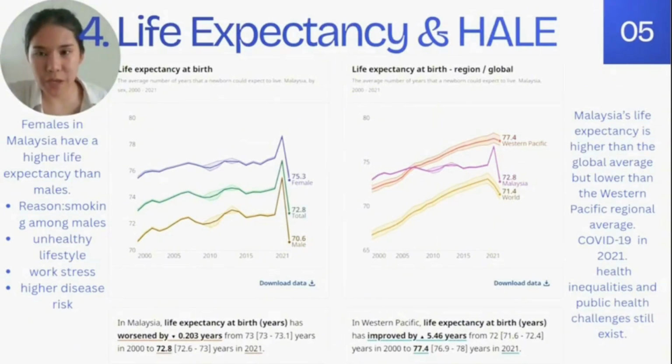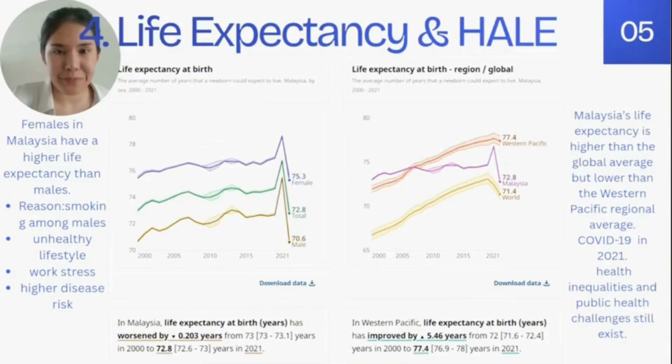Number 4 is about life expectancy versus HALE. We look at life expectancy at birth in the left diagram. It shows that females in Malaysia have a higher life expectancy than males. Why? Because smoking and work stress among males create a higher disease risk than for women. Now let's look at the right diagram, life expectancy at birth compared globally.